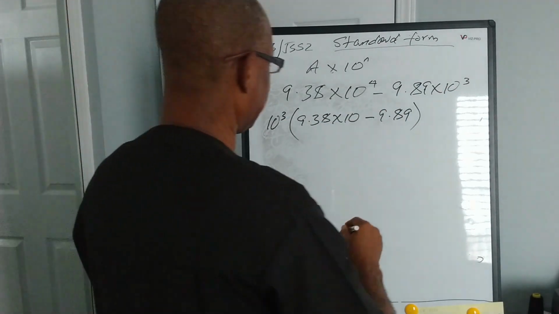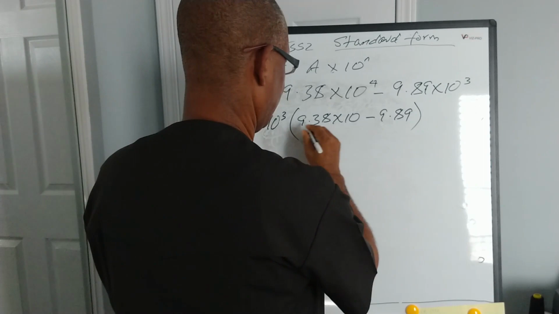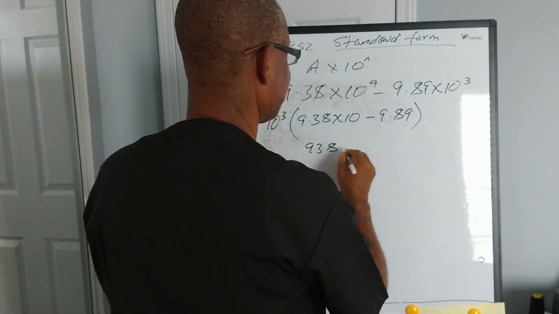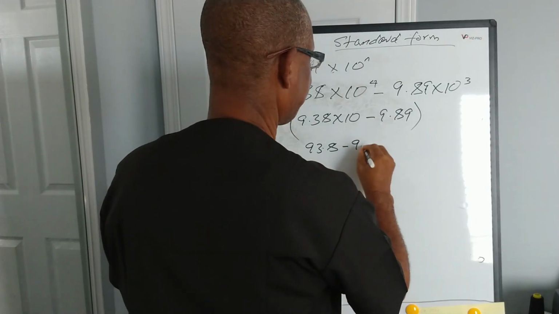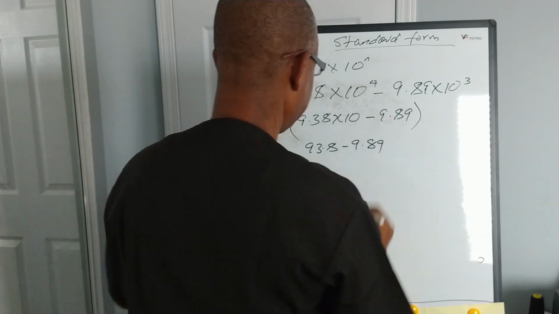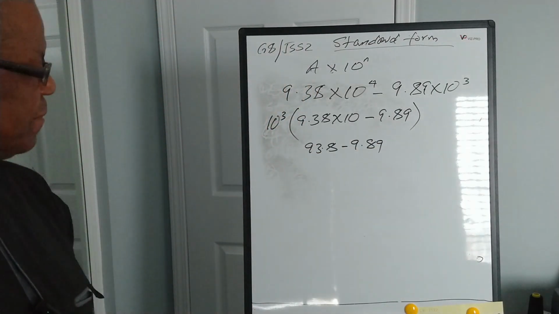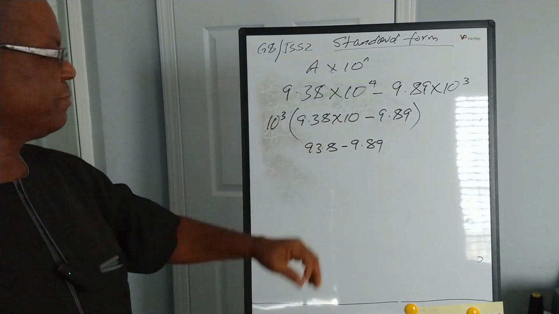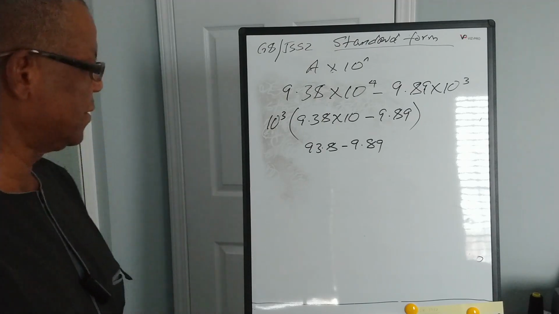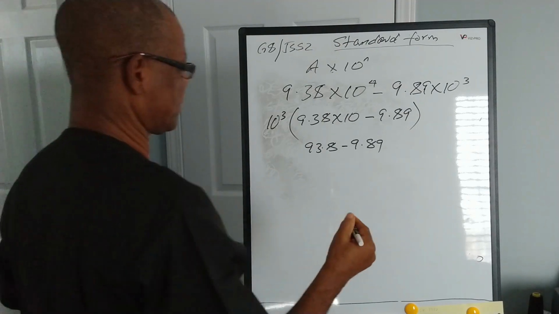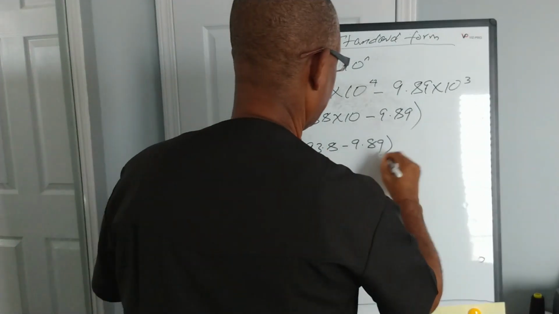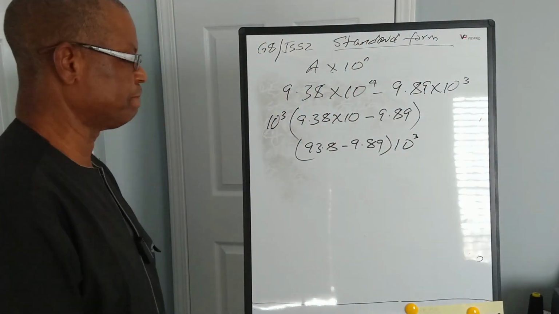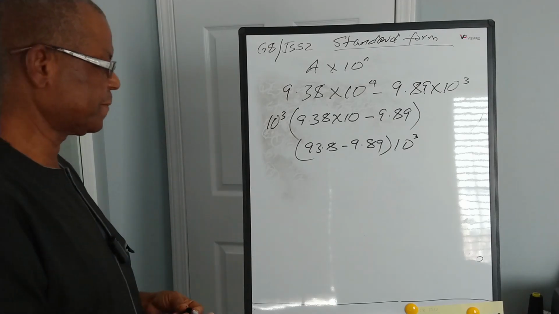So we multiply this by this, that will give us 93.8 minus 9.89. How did I get 93.8? I multiply 9.38 times 10, and that has given me 93.8. We do the ordinary subtraction. Remember that this is all times 10 raised to the power 3 as a common factor.